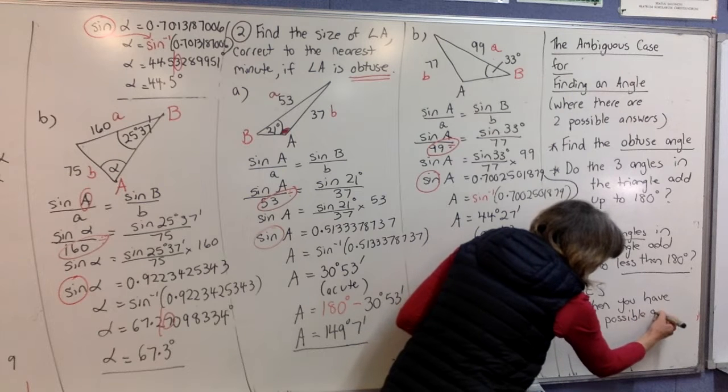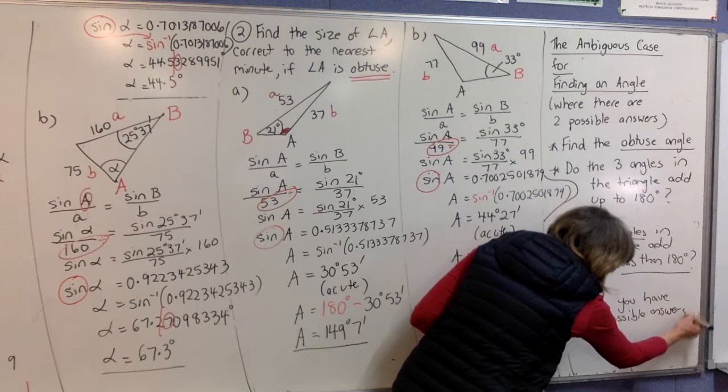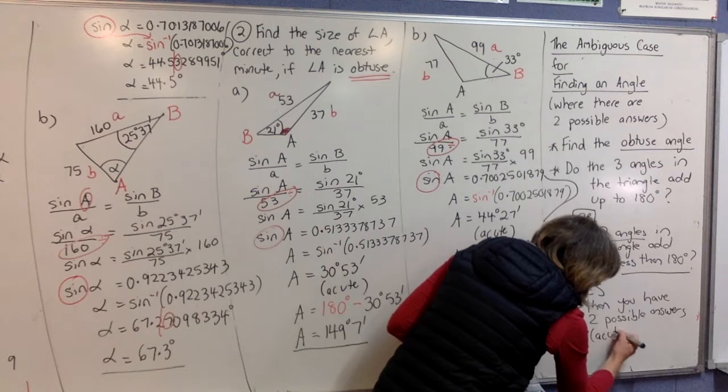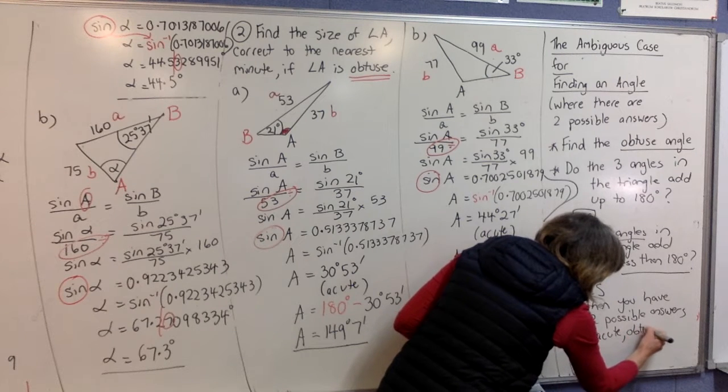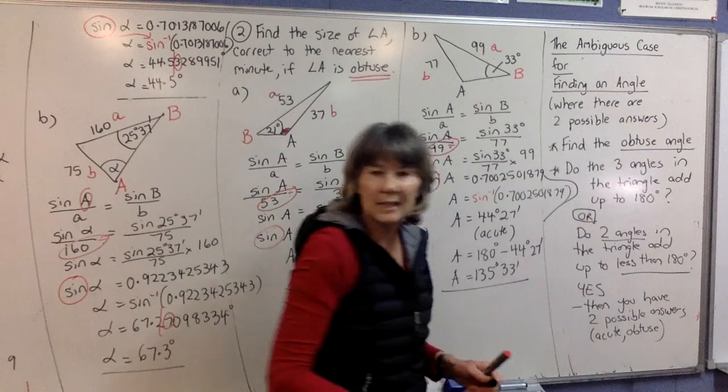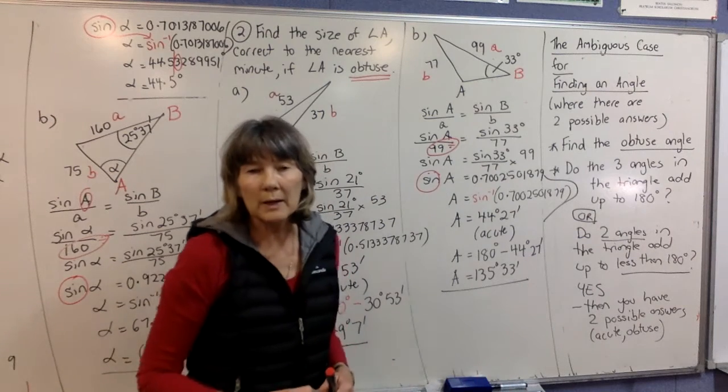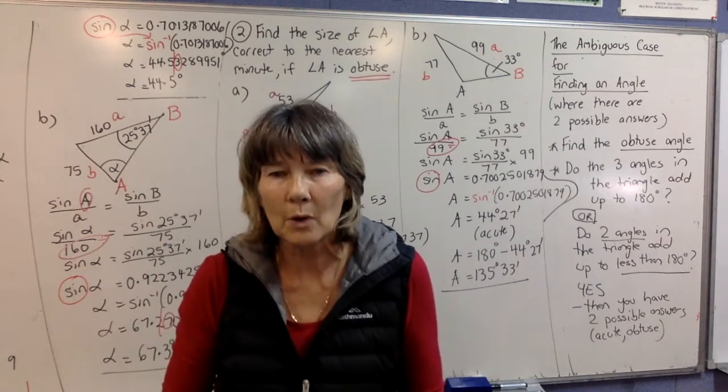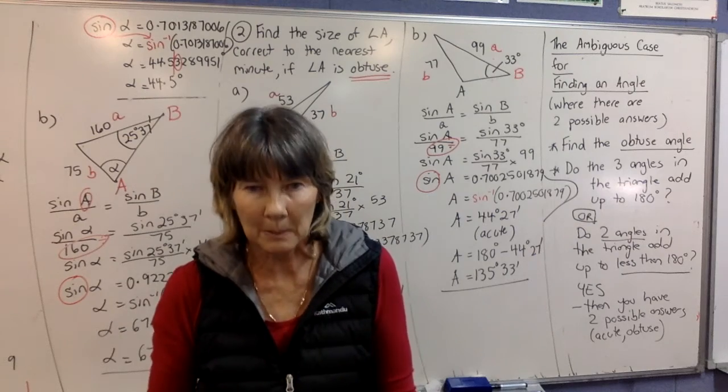One of them will be the acute angle off your calculator, and the other one will be your obtuse angle that you've just worked out is definitely possible. So in the next video, we're going to go through some examples just looking at that ambiguous case.